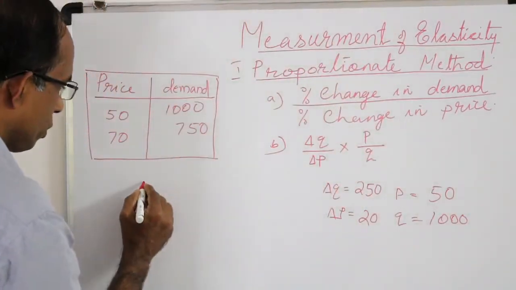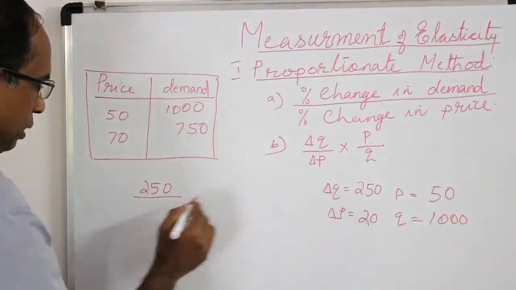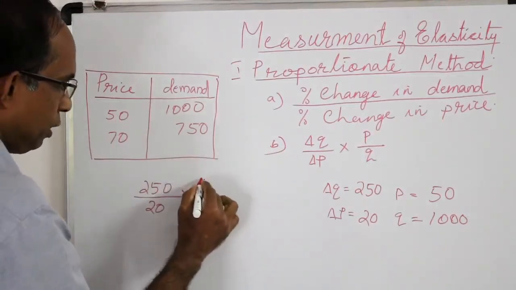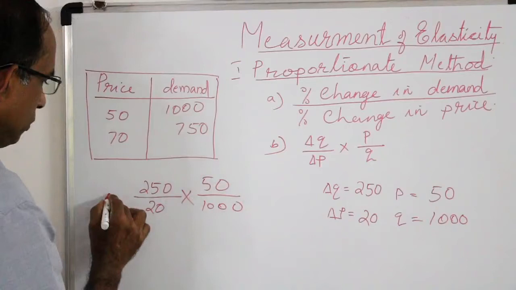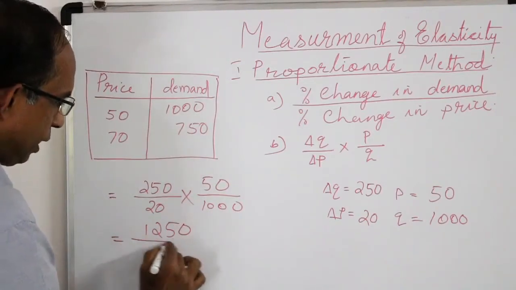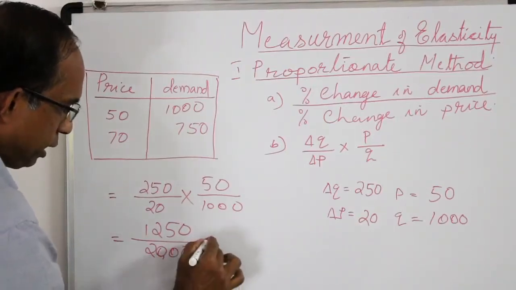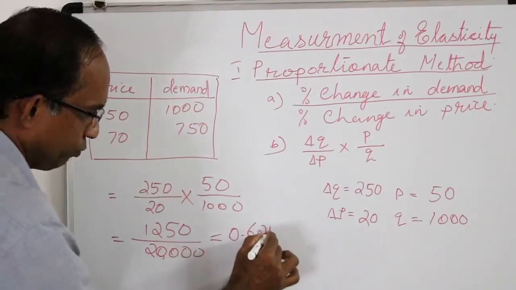Delta Q 250 divided by delta P, that is 20, into P by Q, P 50, original quantity 1000. Then divided by 20,000, that is equal to 0.625.